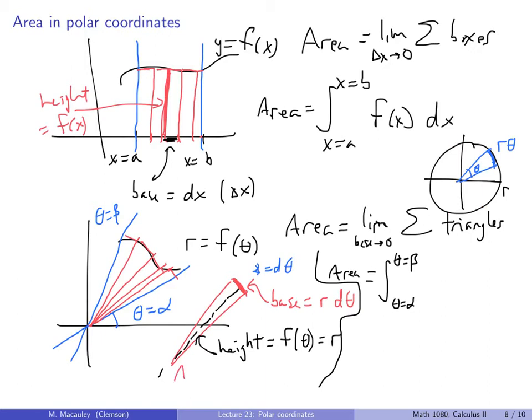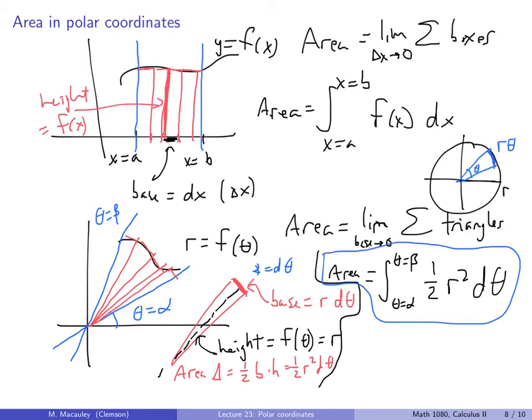The area of the triangle equals 1/2 base times height, which is 1/2 r squared d theta. So our area formula is 1/2 r squared d theta. And I think that's a really cool result, especially how that matches the picture so well, and how you can do the same thing we did with the Riemann sums, but for Riemann triangles. And if you like that, then you should take Math 206 or 2060 vector calculus next semester.